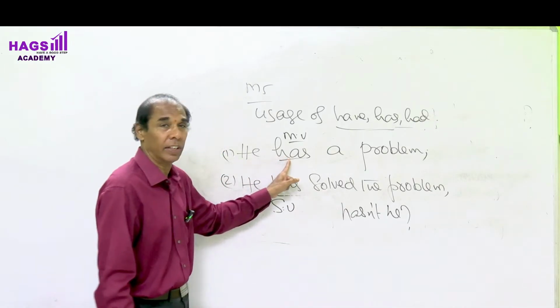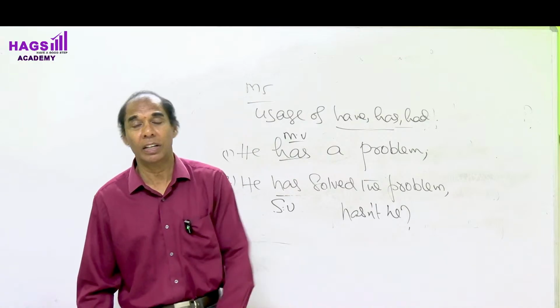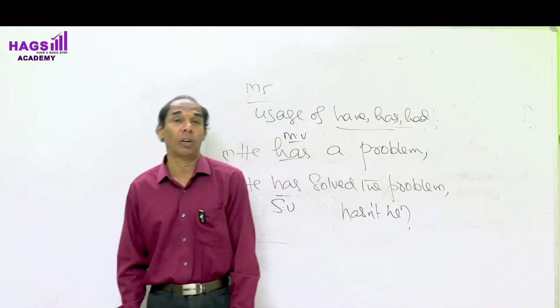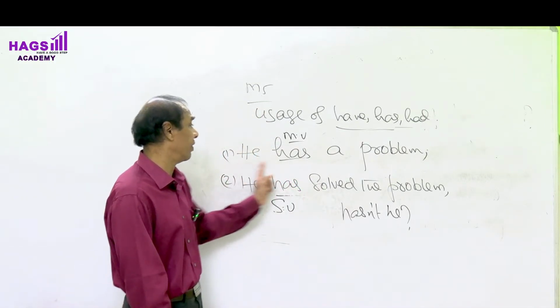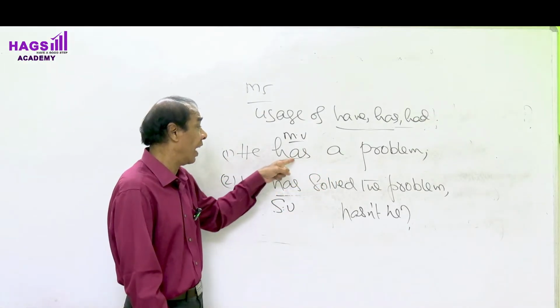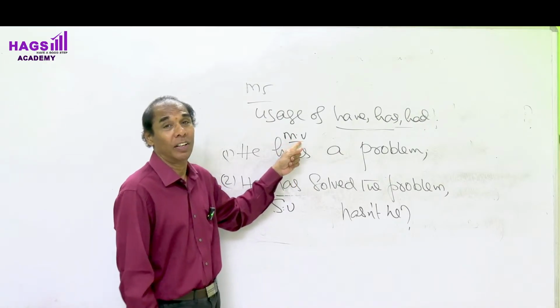Now look at this sentence. He has a problem. Statement is positive, right? So question tag must be negative. If you want negative, what is the rule? Put not after the special verb. But in this sentence, we don't have special verb because has is not acting as special verb. It is acting as main verb, not special verb.